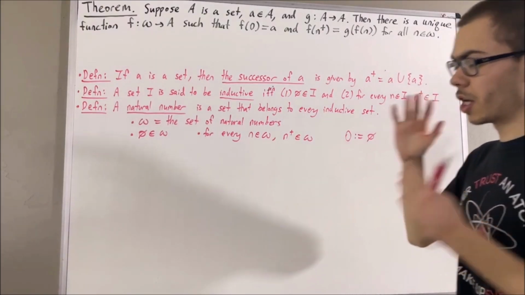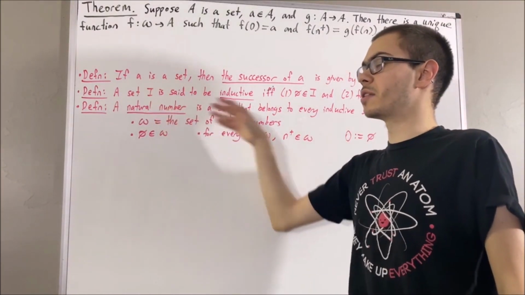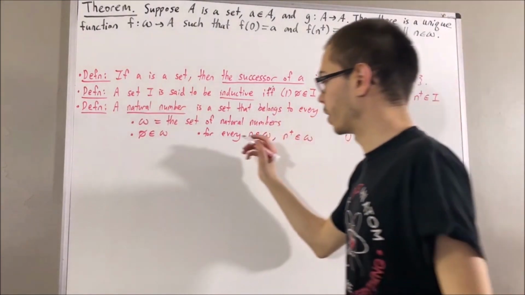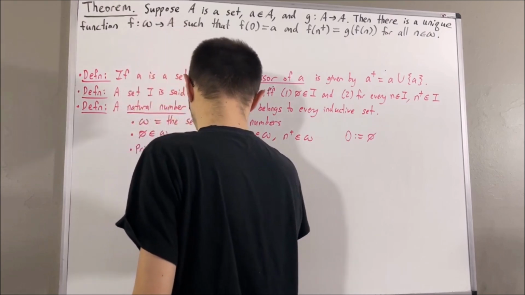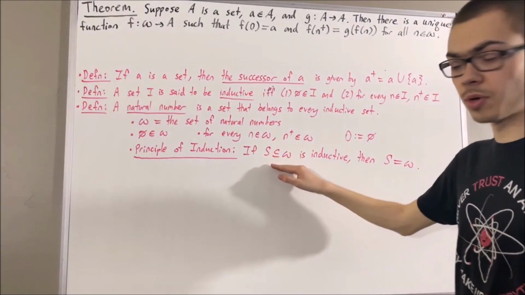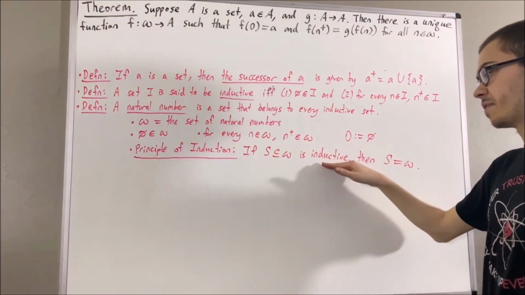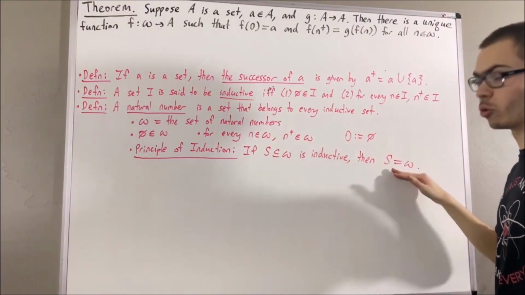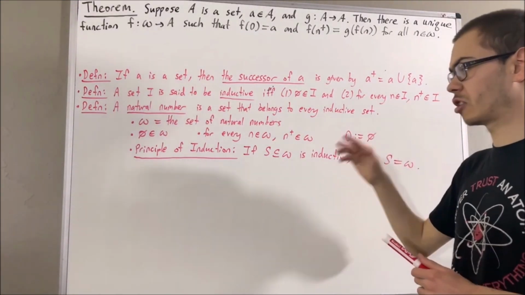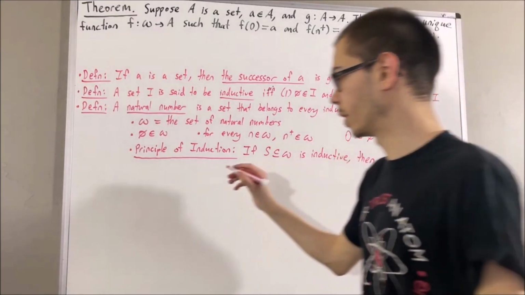Now, another property that we've proven about the natural numbers is the principle of induction, which says the following. If S is a subset of the natural numbers and S is an inductive set, then S is equal to the set of natural numbers. And two other important properties of the natural numbers that we have proven are the following.